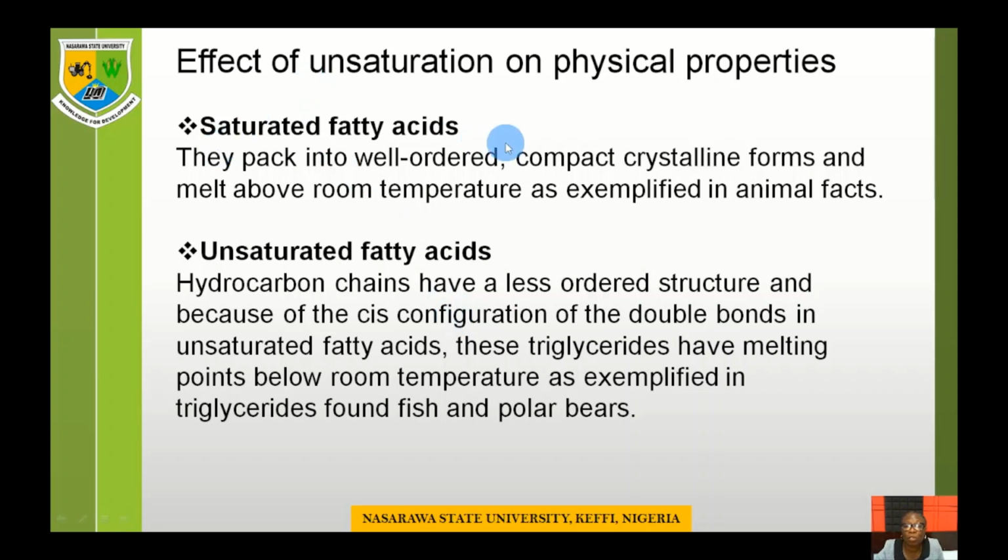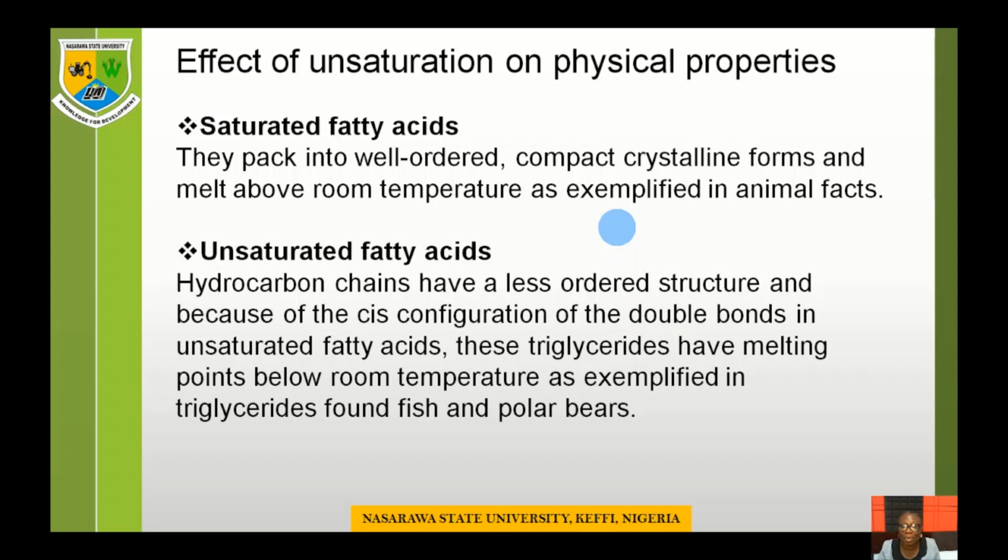So the effect of unsaturation on physical properties. Saturated fatty acids are well ordered, and they are compact crystalline forms. They are very compact, so they melt above room temperature, as exemplified by animal fats.